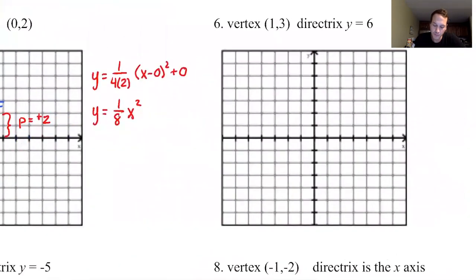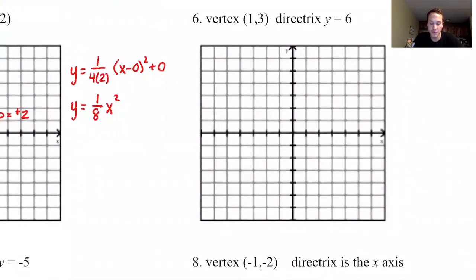Over here, I have a vertex of 1, 3 and a directrix of y equals 6. Here's my vertex, and my directrix is y equals 6. 1, 2, 3, 4, 5, 6. Now, me personally, I like having my vertex and my focus.